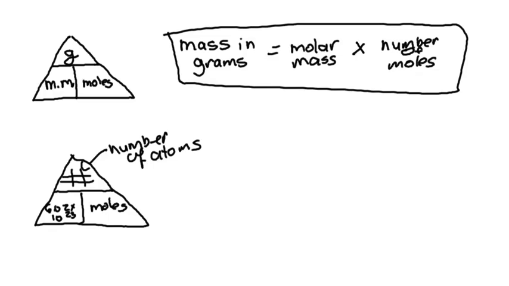So if you are looking for the number of moles, you cover up moles, you take the number of atoms and divide by 6.02 times 10 to the 23rd.